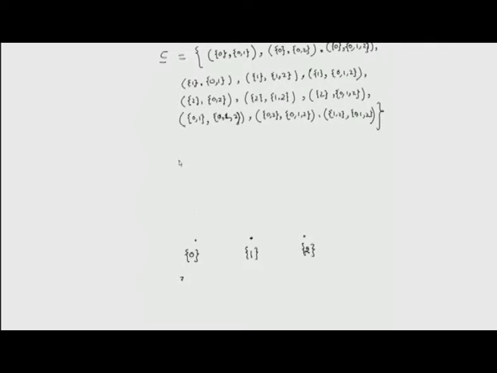Then we have written 0 1 over here, and we have joined these lines. Okay. The 0 2 we will write over here.